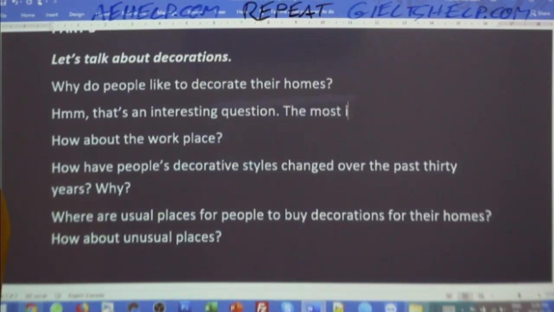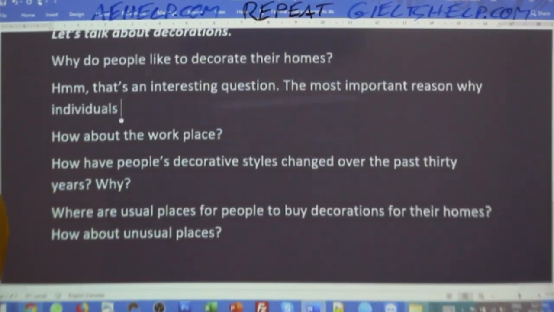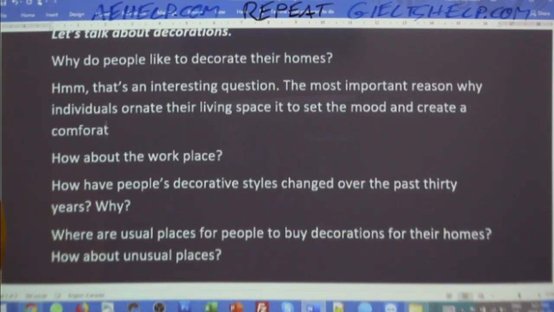The most important reason that why individuals ornate their living space is to set the mood and create a comfortable environment for family and friends.